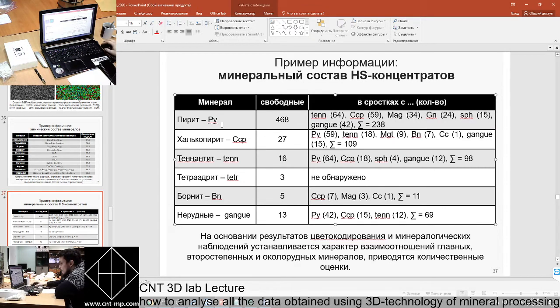For example, we observed there about 468 grains of pyrite and 64 grains of intergrowth of tennantite and pyrite, 59 grains of chalcopyrite with pyrite, 34 intergrowths with magnetite, and etc. To summarize, we studied in this case 238 intergrowth grains and once again 468 fully liberated grains.